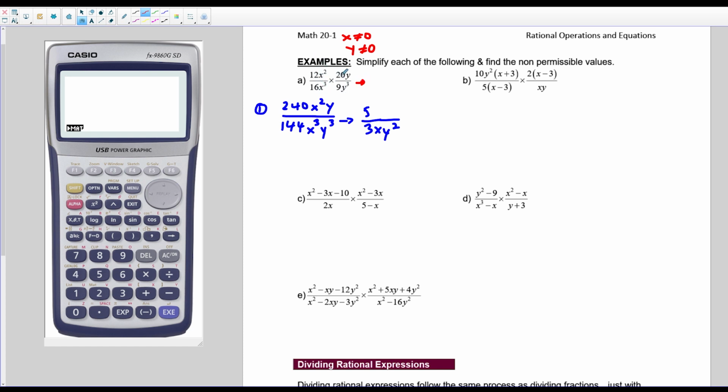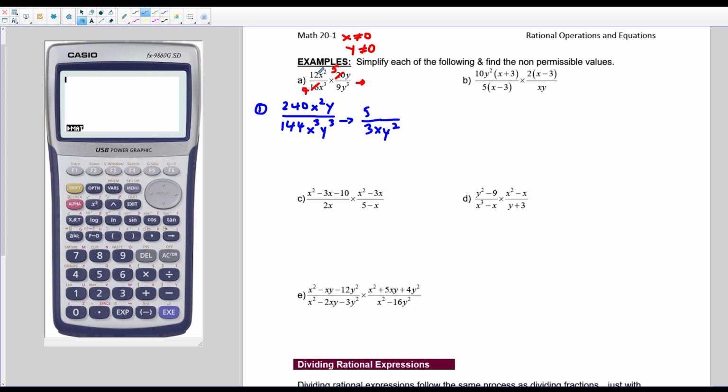So you can see here, I've got a 12, and maybe what I'll do is I'll work with the 4s first. Between the 16 and the 20, I can actually divide both of these two by 4. So from here, I've got 20 on the top, divided by 4. I'm just going to get rid of that. Divided by 4, it gives me a 5. I divide this by 4, and it gives me a 4.